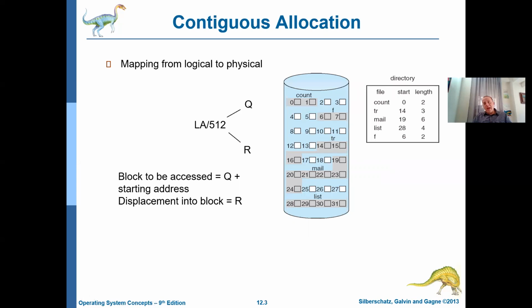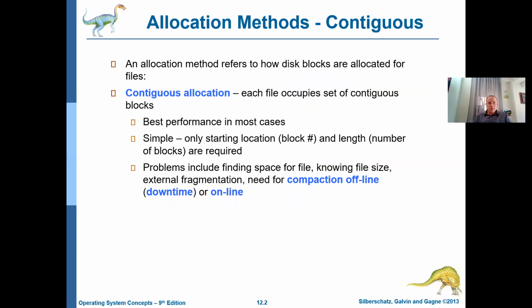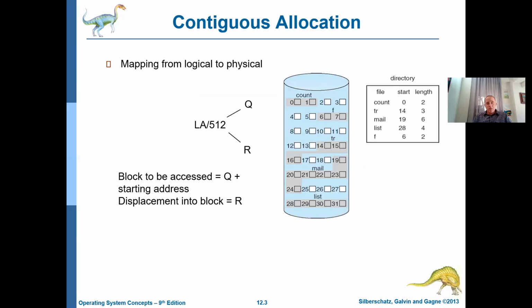Now, if we're talking about accessing it, this is similar to what we've done before, we'll have some kind of logical address. And part of it will be Q and part of it will be R. The Q will be the starting address, this 0, this 14, or this 19.